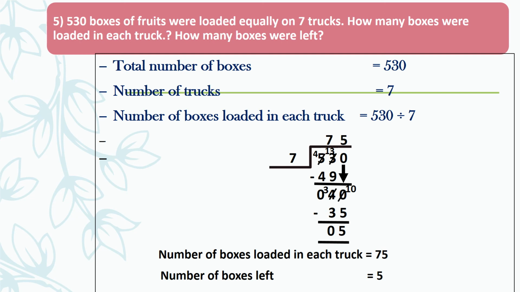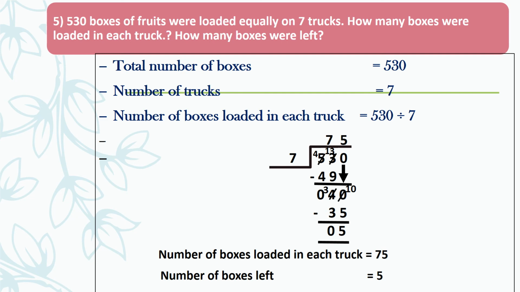So 7 into what gives us 53? The closest number is 7 sevens are 49. Next step, subtract 53 minus 49. We cannot subtract 3 minus 9, so you borrow from 5. 5 becomes 4 and 3 becomes 13. 13 minus 9 gives you 4.